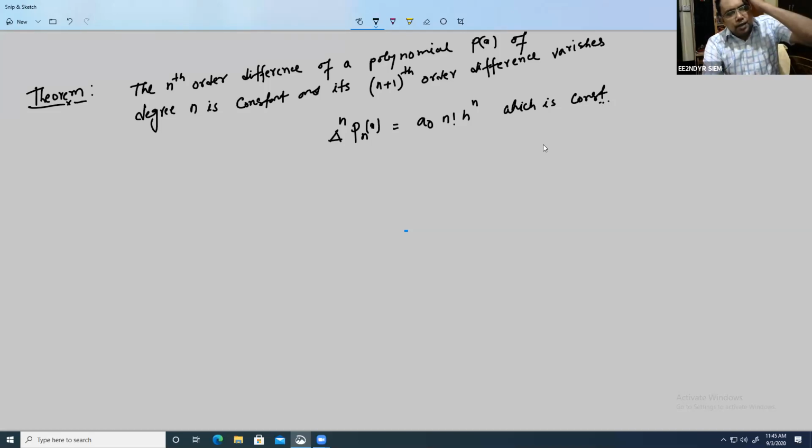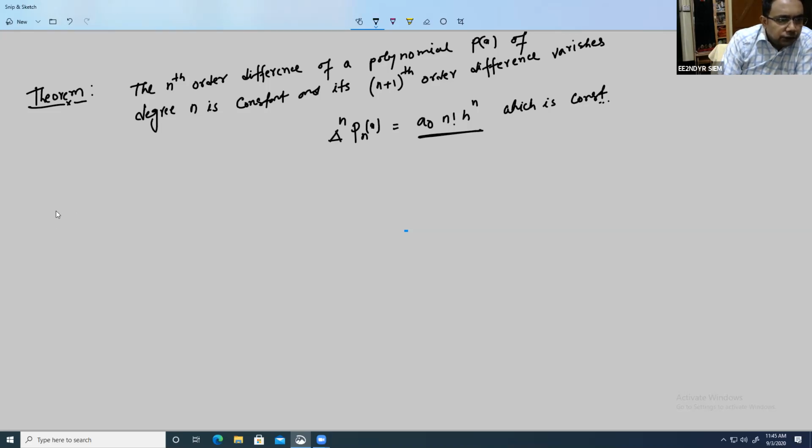Now you may ask me, sir, what is the meaning of this? I will explain this with an example. Look at del to the power n P_n: the degree of the polynomial is n, then the value is a0 factorial n h to the power n. Please remember this. It will give you a very good advantage when you see it in GATE. Clear?